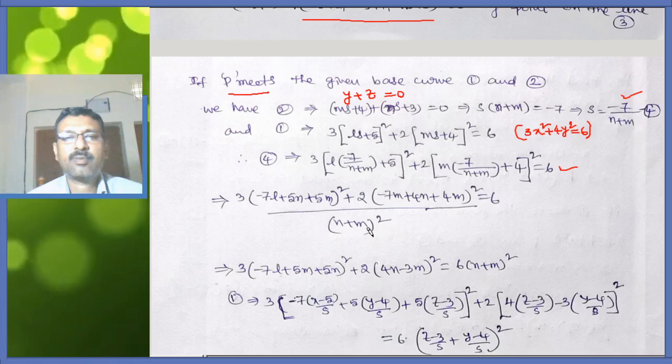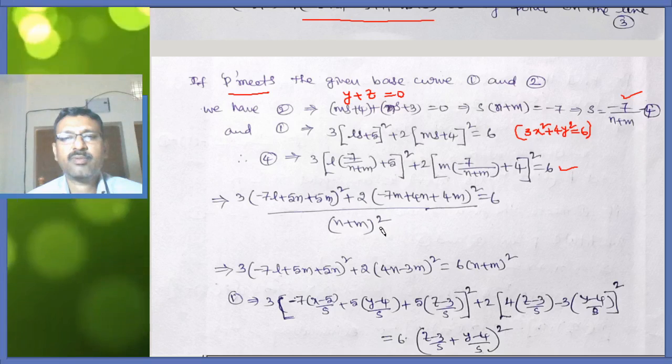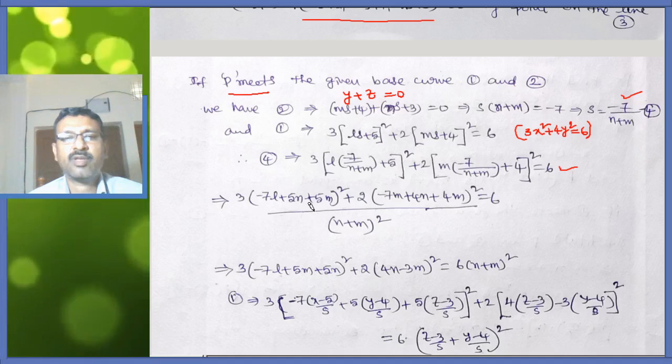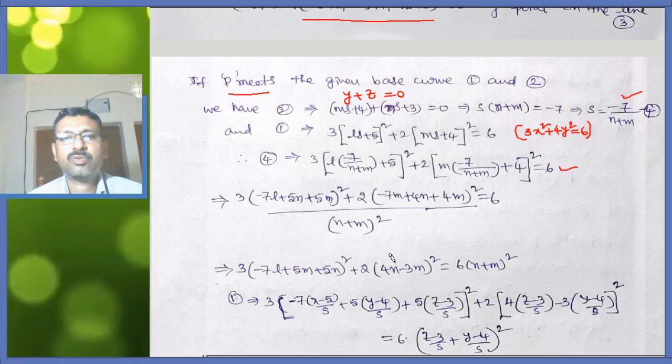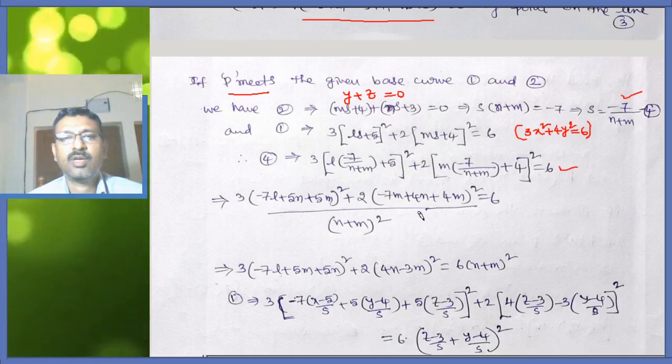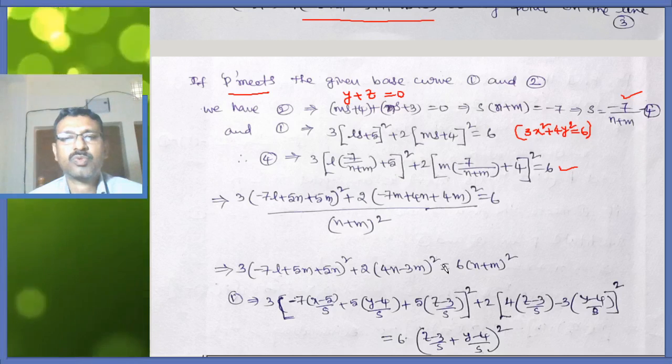Shifting n plus m whole square to the right side, that will become 6 into n plus m whole square. The left side part is 3 into minus 7L plus 5n plus 5m whole square and 2 into, here it is minus 7m plus 4, that is minus 3m and 4n, whole square.